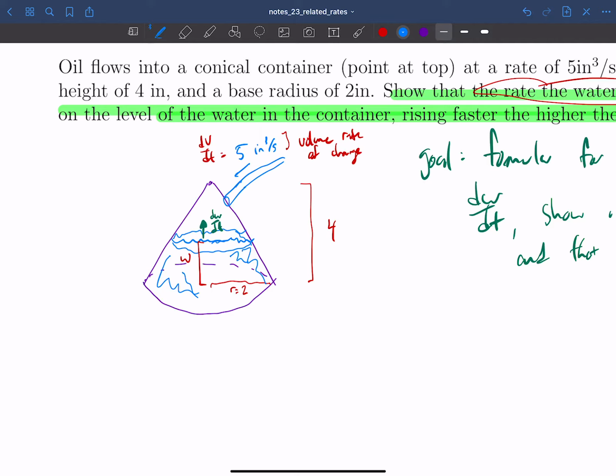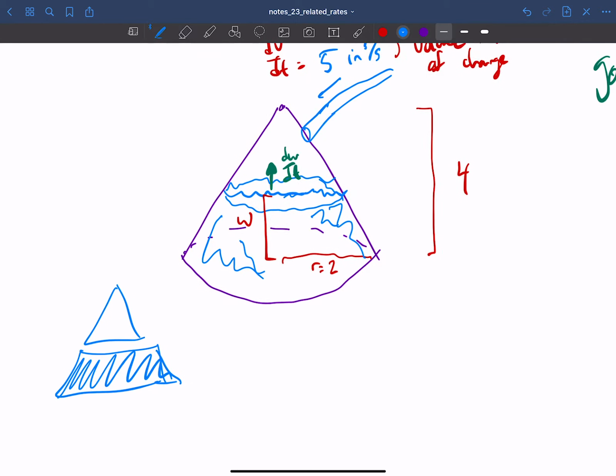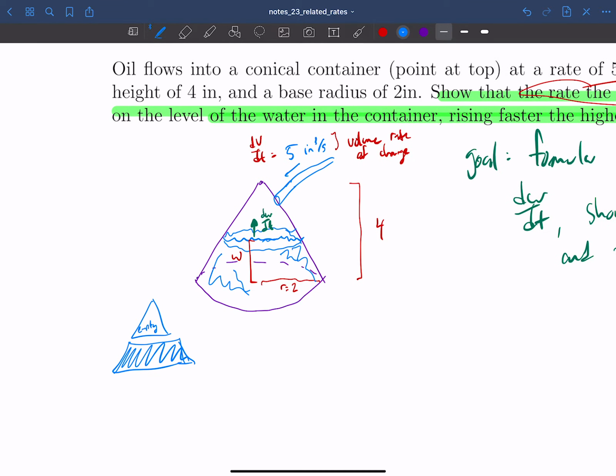Okay, so there's the top of the cone, and then there's the rest of the cone. And the part that we're interested in is the stuff down here. This right here, the stuff on top is empty. Okay? And the volume is this part down here. That part in the top is empty.